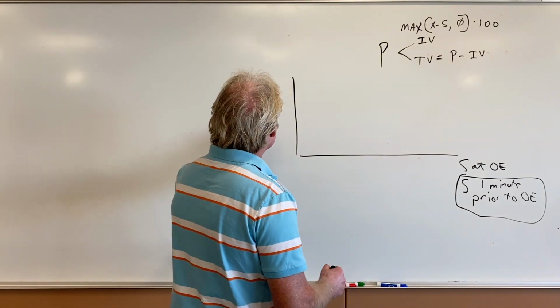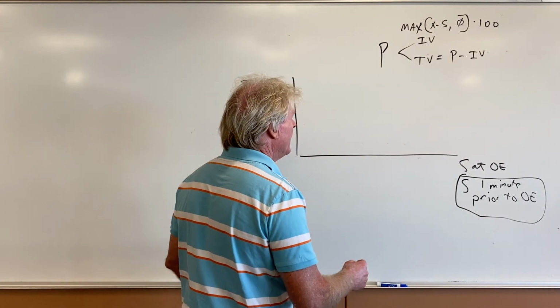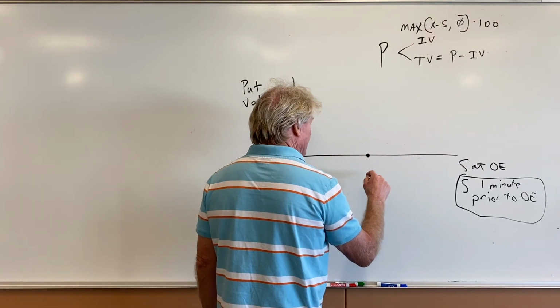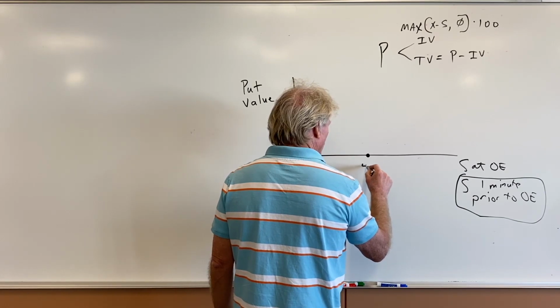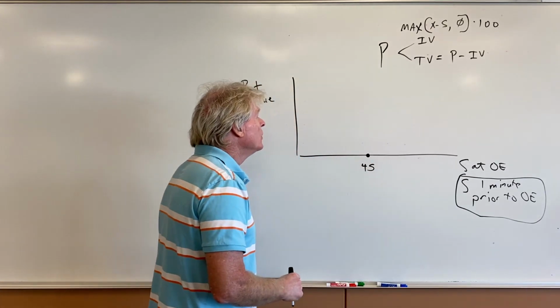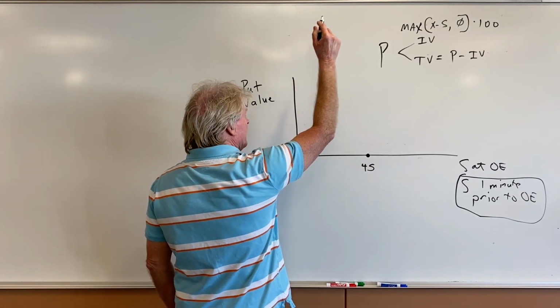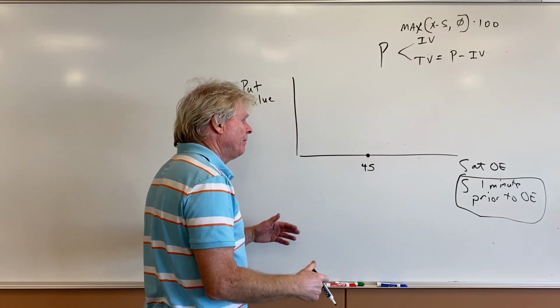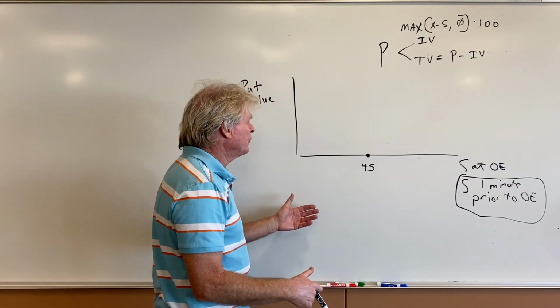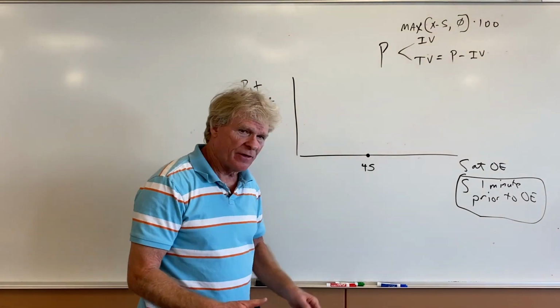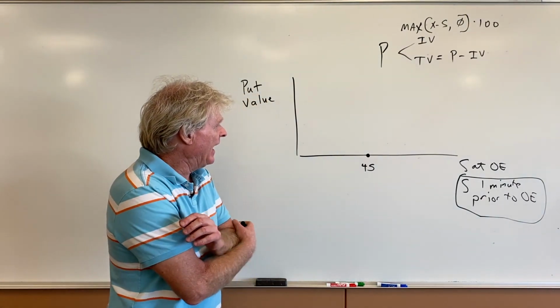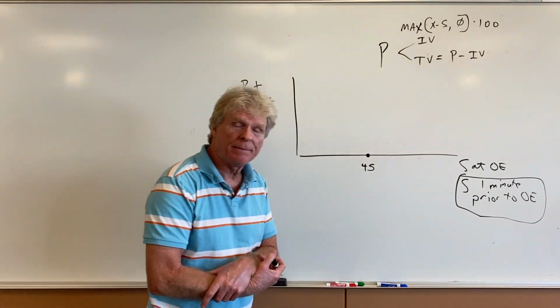Okay? So put value, let's talk about a put option that happens to have a strike price of 45. So maybe we're talking about a 45 strike put on some mythical stock, HIJK, that is expiring in 1 minute.